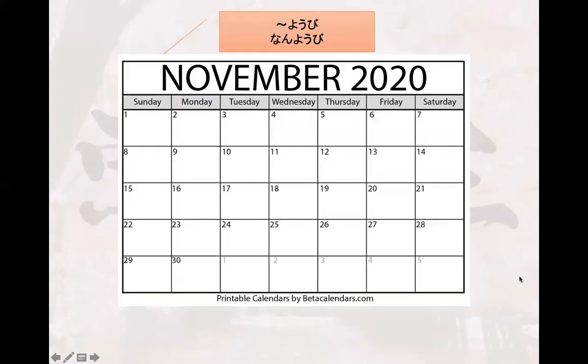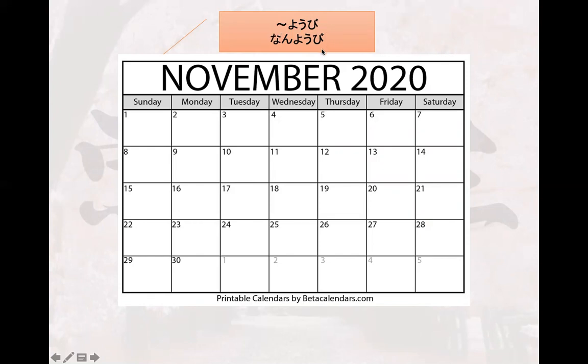Alright. So, let's talk about days in Japanese. So, days, we have Sunday until Saturday. In Japanese, yobi. Araw yan. So, yobi. While the question for what day, interrogative natin is nanyobi. Okay?